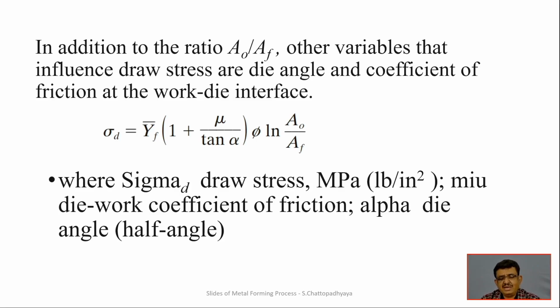A0 is the initial cross section, AF is the final cross section, and this is nothing but the draw stress, and draw stress is defined in megapascal, and according to that we have to calculate those values.